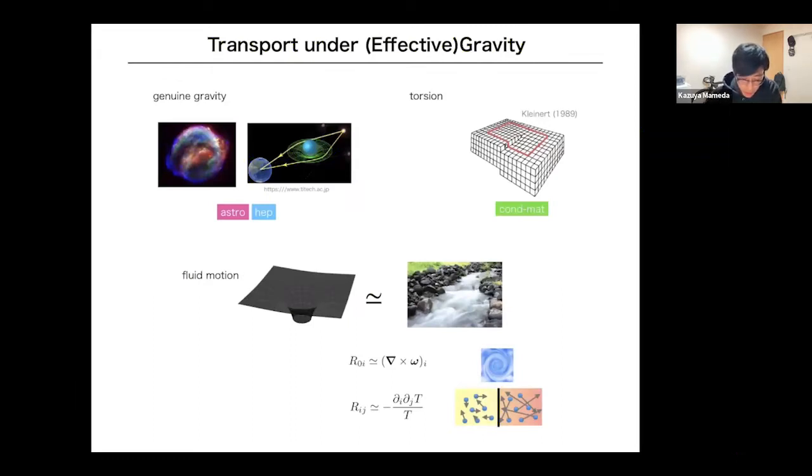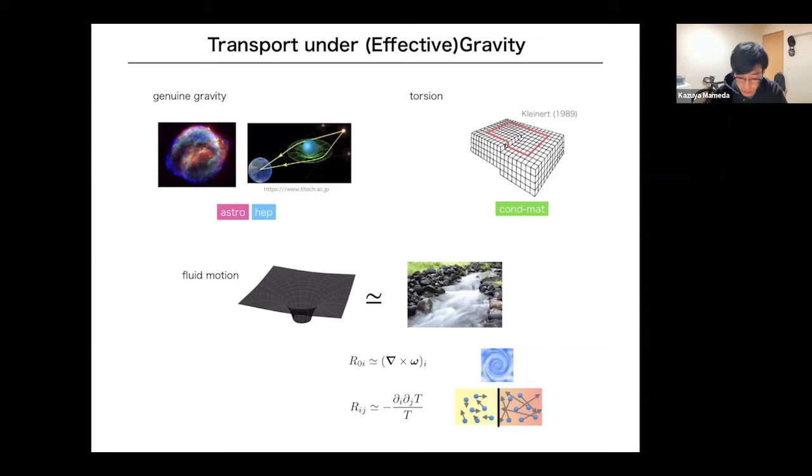And another motivation of our work is as follows. So if you get the kinetic theory under the gravitational effect, then we can discuss the genuine gravitational effect for some quantum particle, like neutrino or photon or electron in our universe.